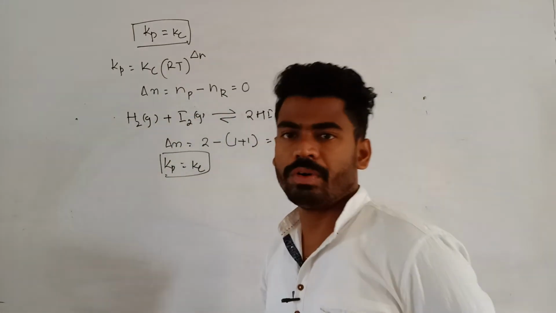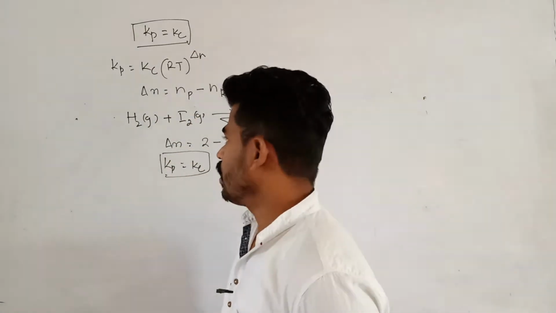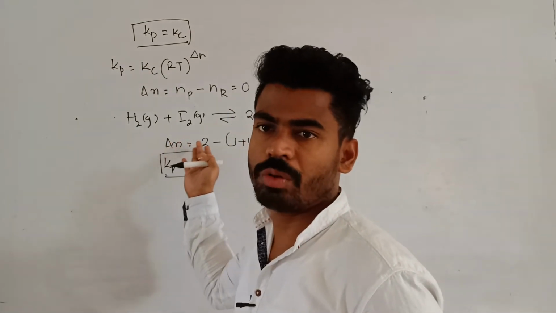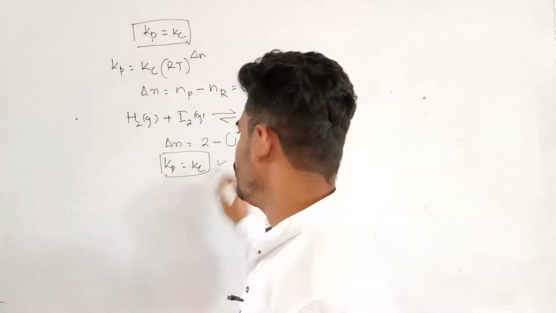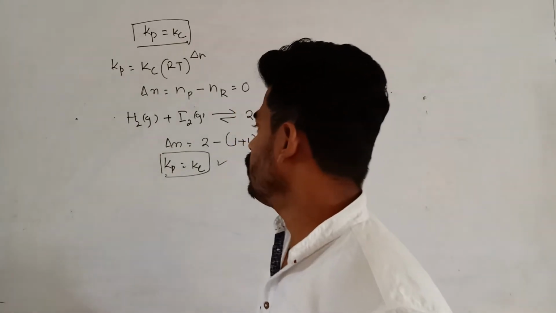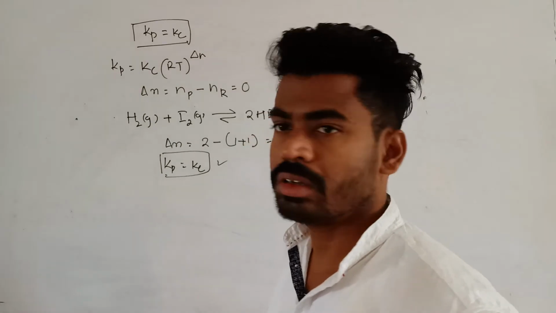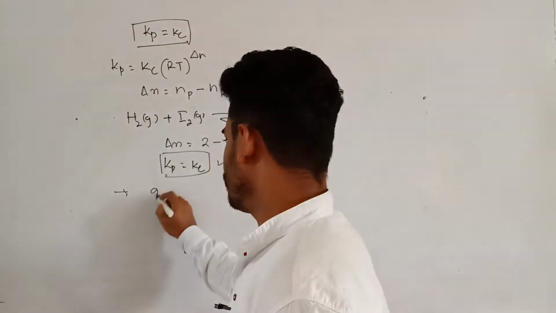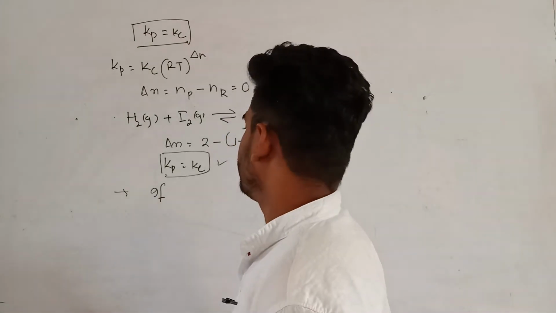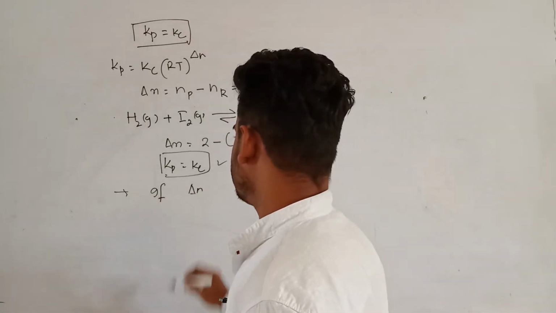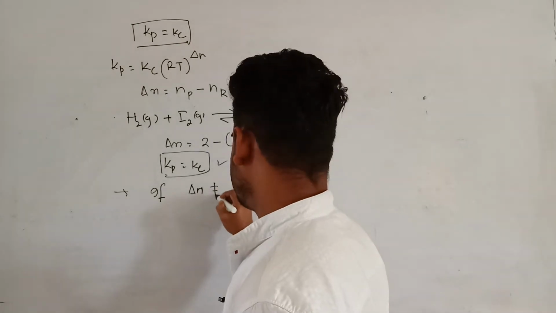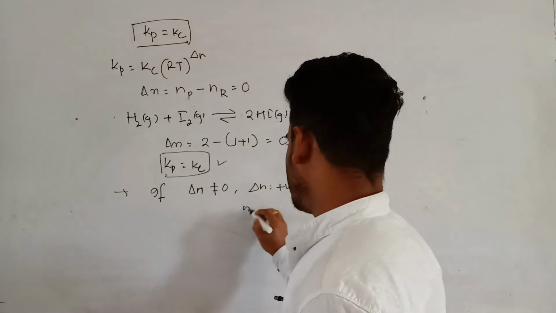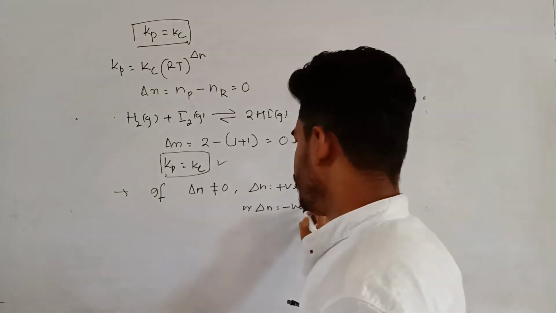So it depends upon when the change in number of moles becomes equal to 0, that means number of moles of product is equal to number of moles of reactant. Only in that condition Kp becomes equal to Kc. Clear? Next, if del n is not equal to 0, that means del n can be positive or del n can be negative.